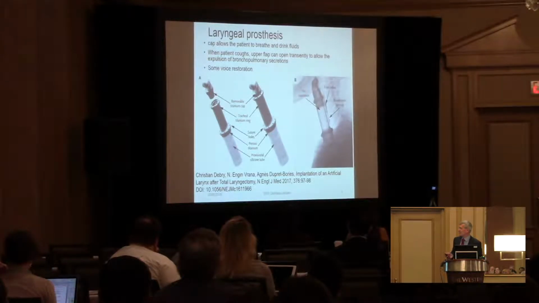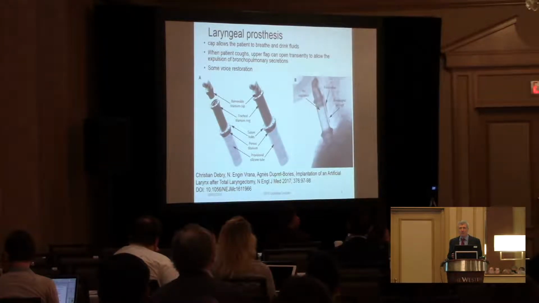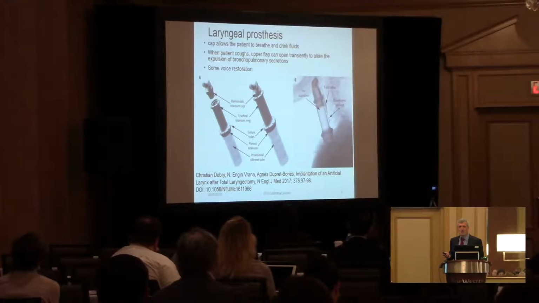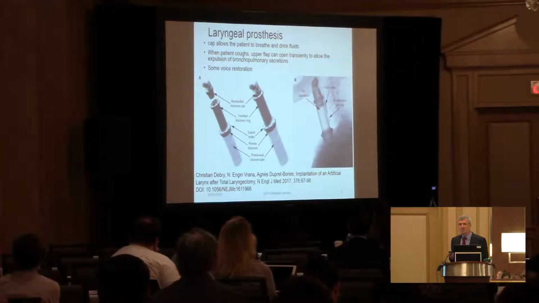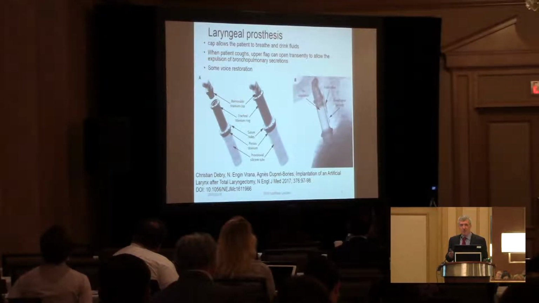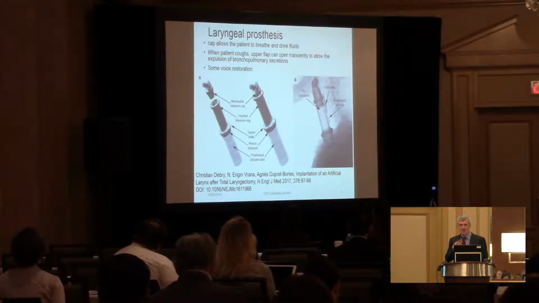The prosthesis was implanted in the patient in a two-step surgical operation, but following that, the patient could use the prosthesis. He could eat normally. The food was going down to the stomach the way it was supposed to. He was able to breathe for long periods of time without using his stomach.